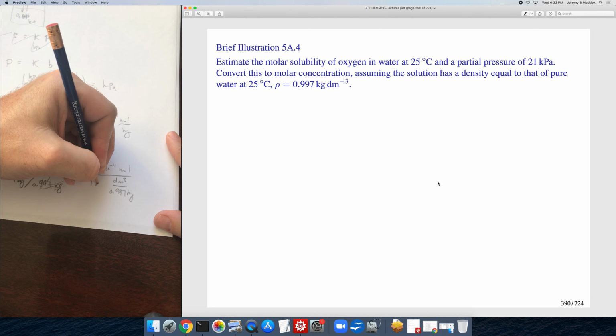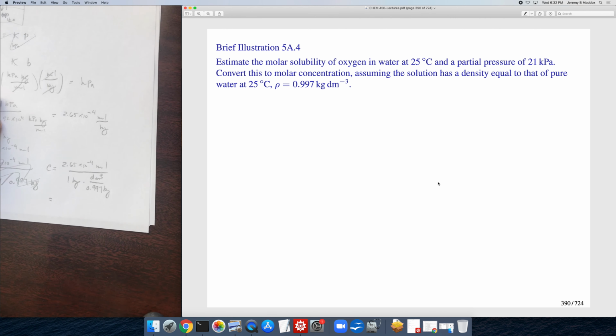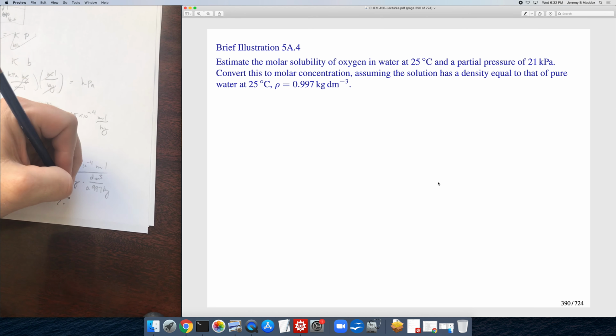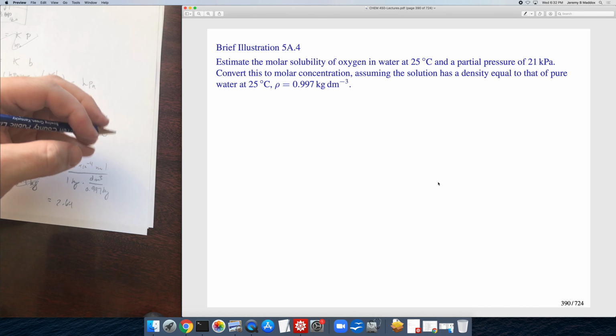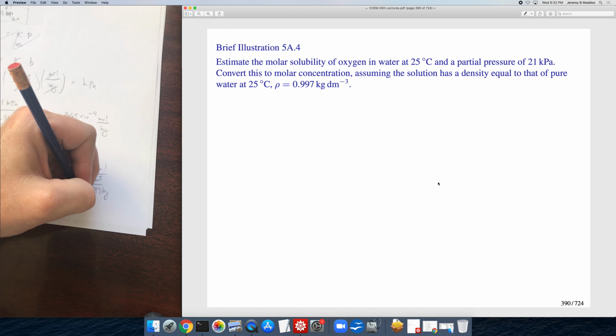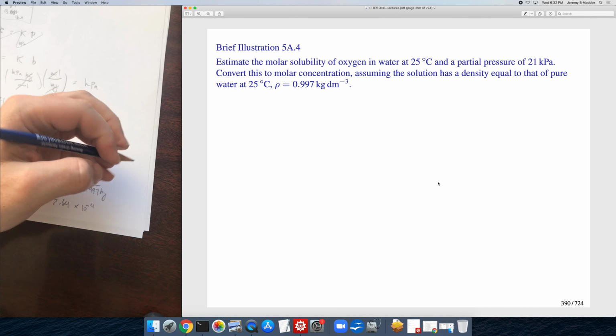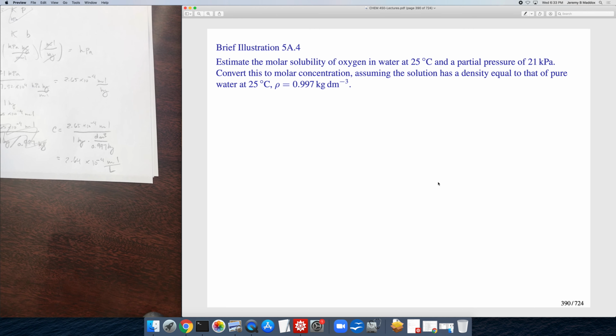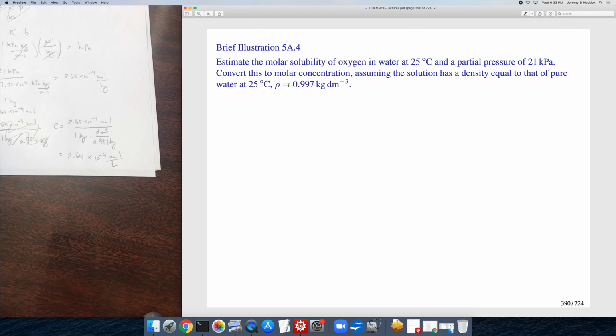That'll be our molarity, 2.64 times 10 to the minus 4. It's not a big difference here. That'll be moles per liter for the molar concentration. And the reason it's not that big a difference is that the density is so close to 1.